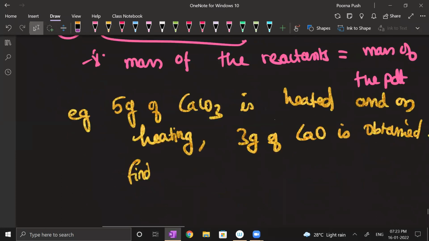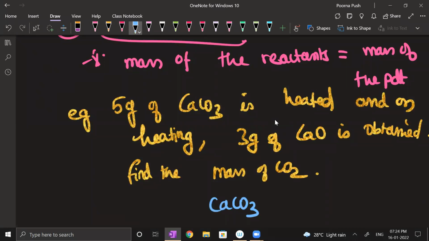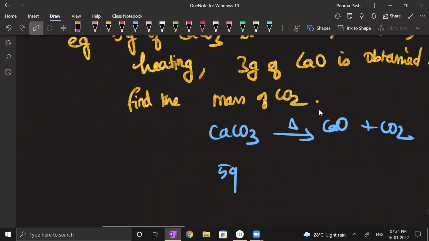When 5 grams of calcium carbonate is heated, 3 grams of calcium oxide is formed. What is the mass of CO2? For this kind of question, first you should frame the equation. CaCO3 on heating gives CaO plus CO2. Here 5 grams is given, this is 3 grams, so here it will be 2 grams. 2 grams. That's it.